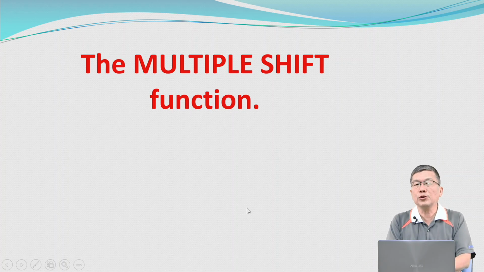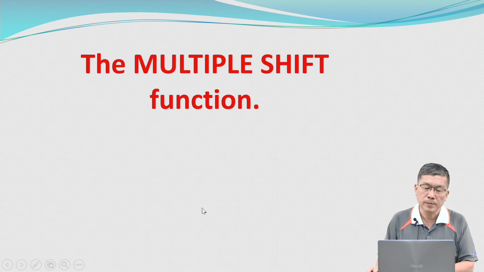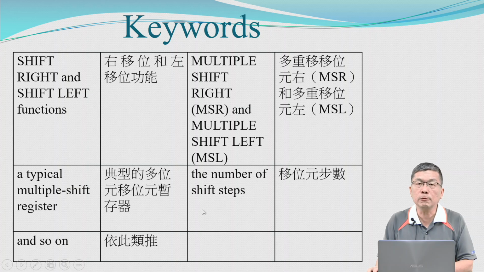The multiple shift function. The keywords: shift right and shift left function, multiple shift right, MSR, and multiple shift left, MSL. A typical multiple shift register: the number of shift steps, and so on.